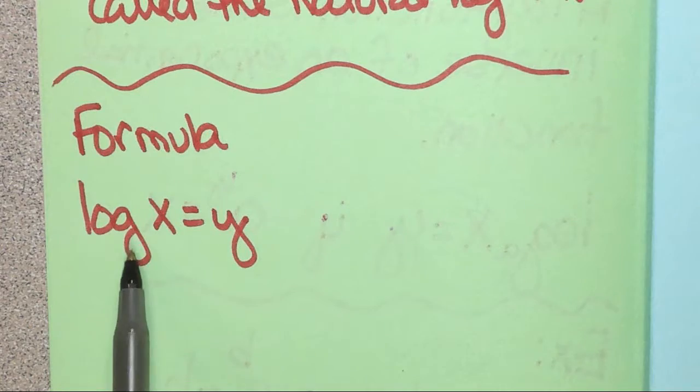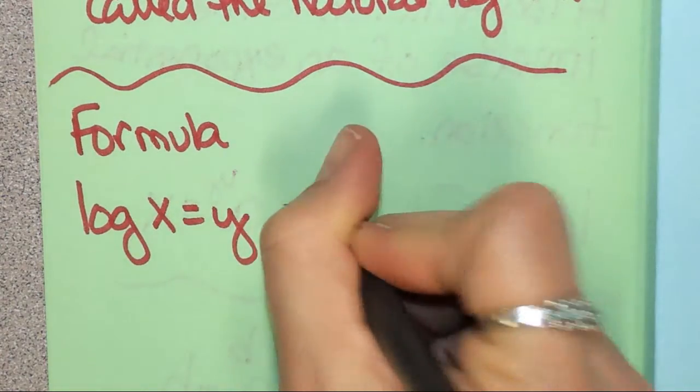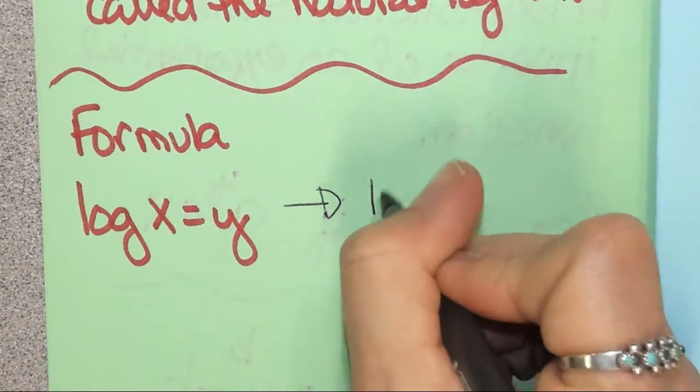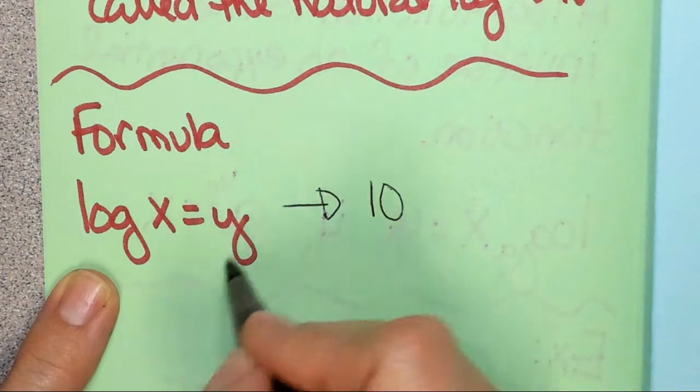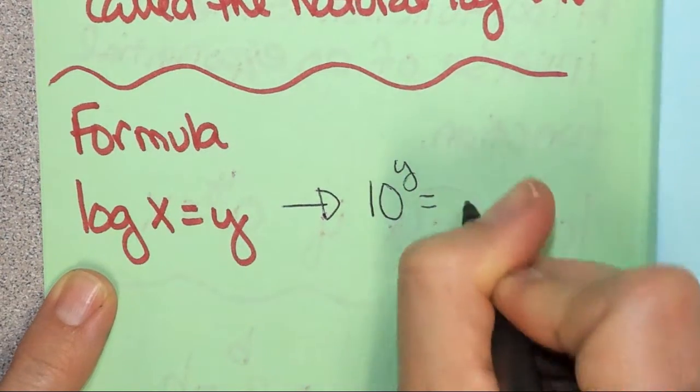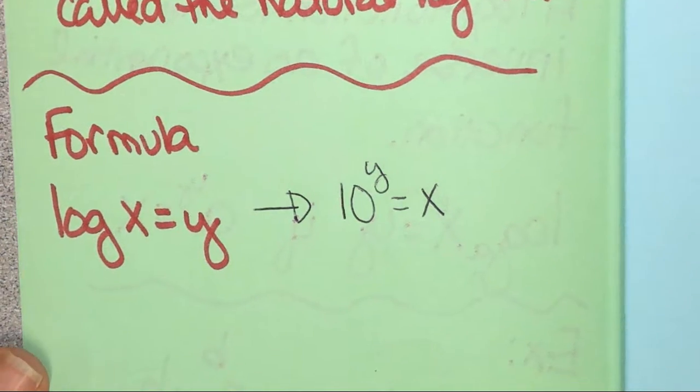Let's say it again. If the base is not written, what is it understood to be? 10. So now, if I said go rewrite this as exponential, 10 to the what? Log roll. 10 to the y equals x. If they don't write a base, then what do you have to know is there? 10. Okay? It's going to work for this too.